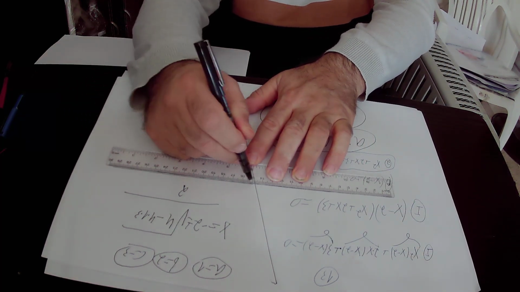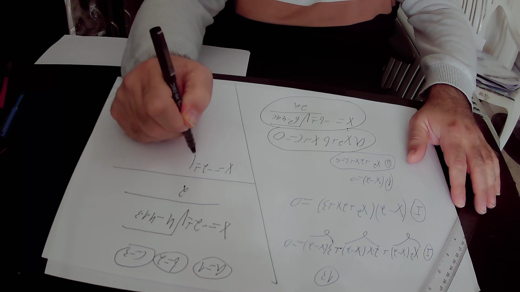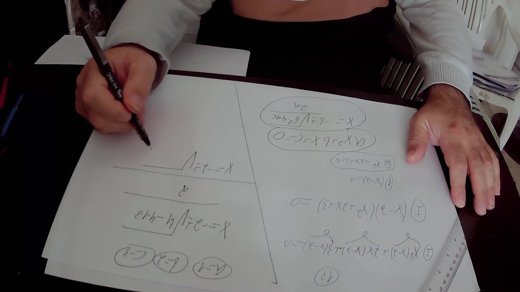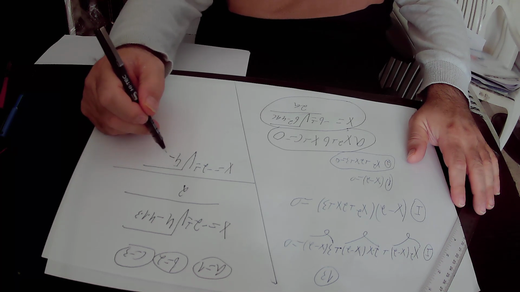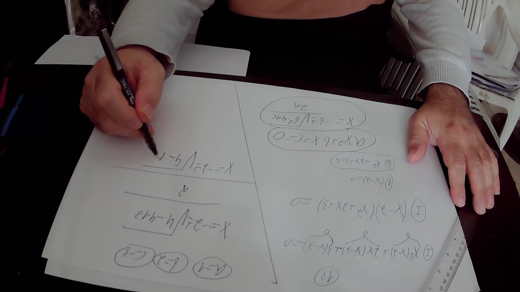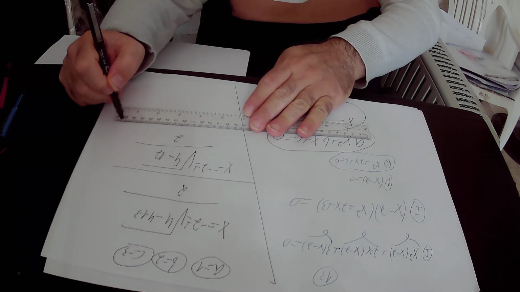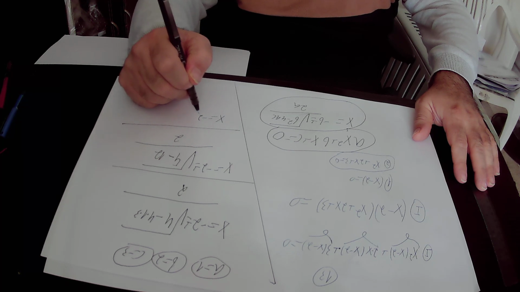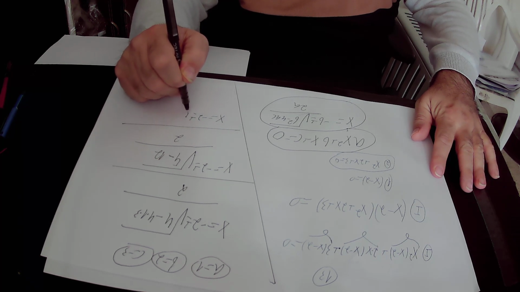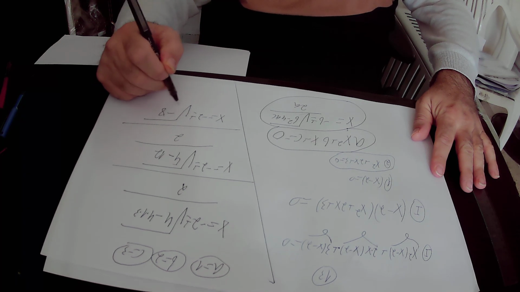So in total we will get that x equals minus 2 plus minus square root of 4 minus 4 times 1 times 3, which is minus 12, all divided by 2. So x equals minus 2 plus minus square root of 4 minus 12, which is minus 8, over 2.